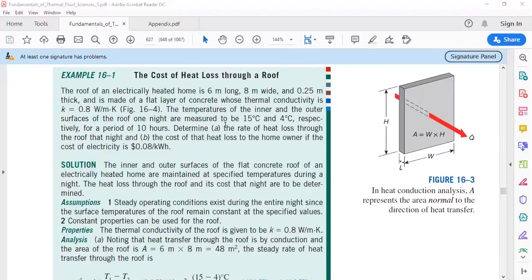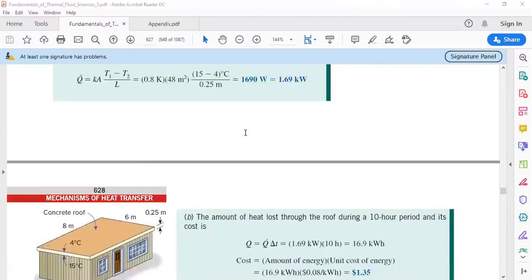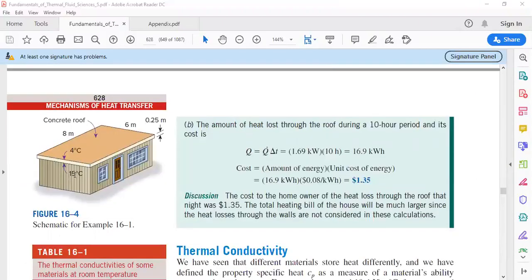The temperatures of the inner and the outer surfaces of the roof at one night are measured to be 15 Celsius degrees inside the house and 4 Celsius degrees at the top surface of the roof, which is open to the atmosphere.